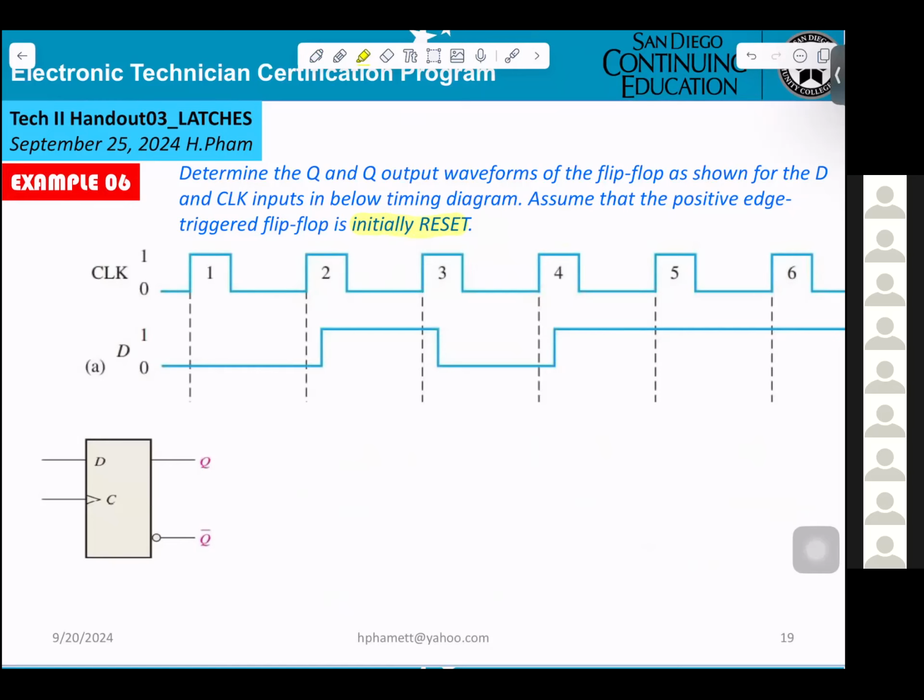So they gave us the clock and they gave us D. They want us to draw the Q. Make sure you understand the clock only matters right here, 0 to 1. Without a 0 to 1 transition, there will be no change. At the beginning, 0.